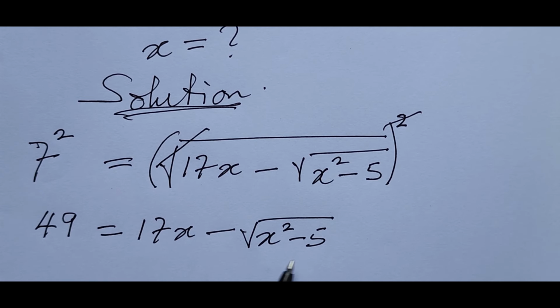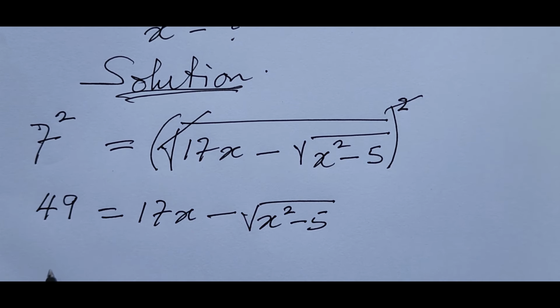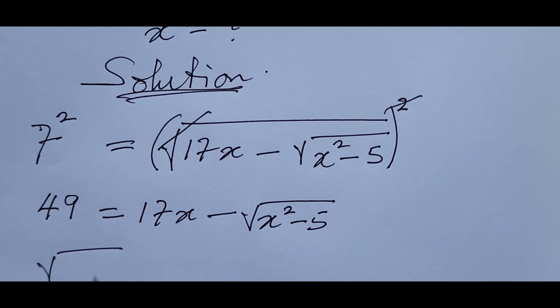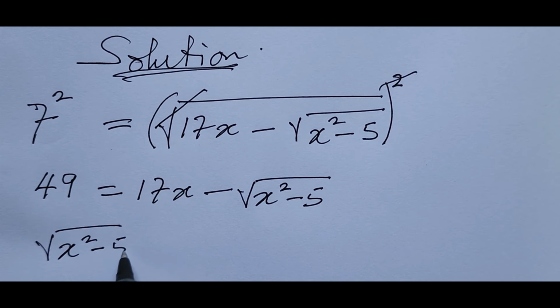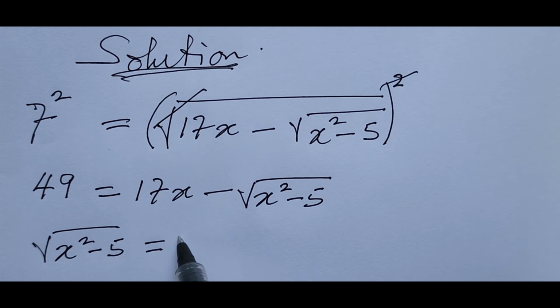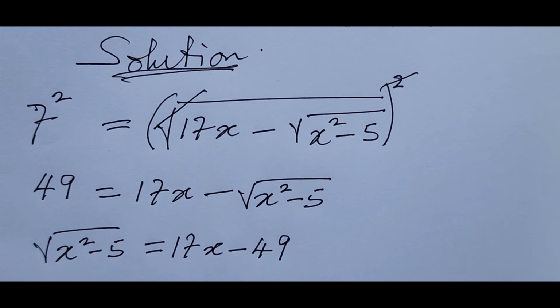So best is to move this quantity to this side of the equation and take this to this side. So if we do that, we're going to have this to be positive, x to the power of 2 minus 5 is equal to 17x, then minus 49.